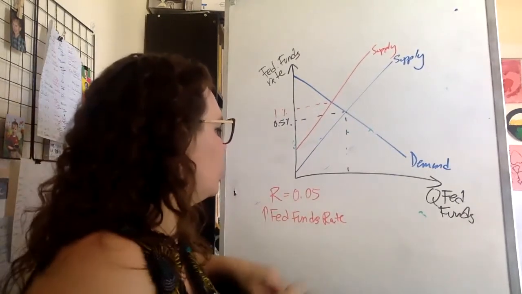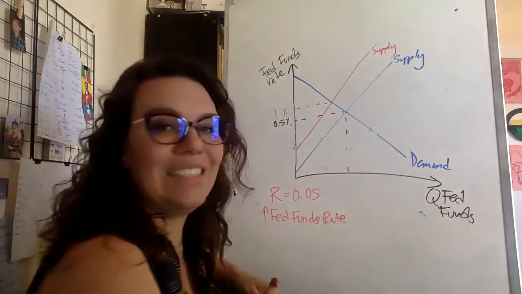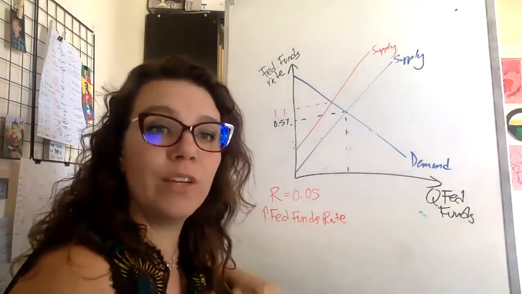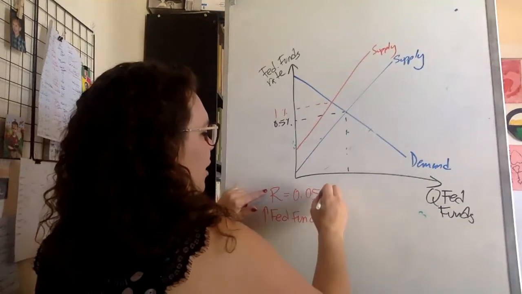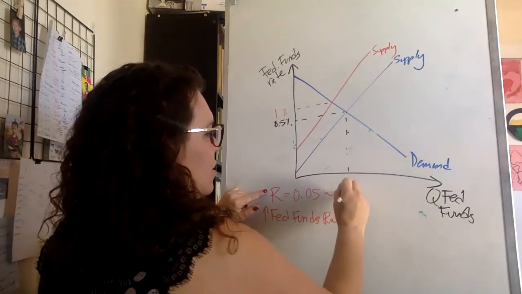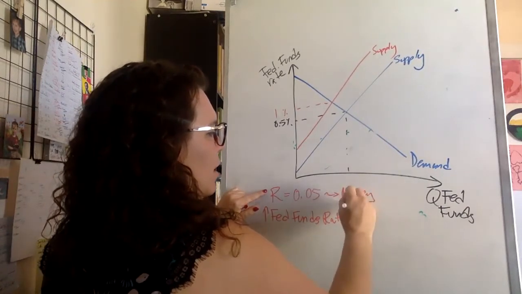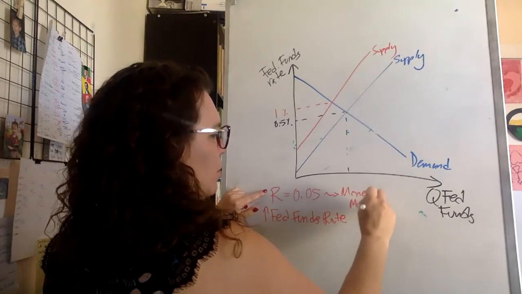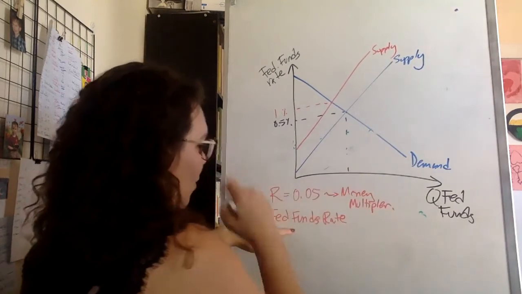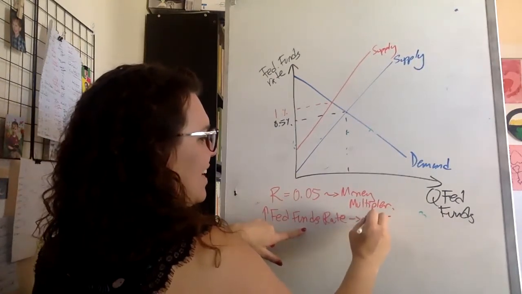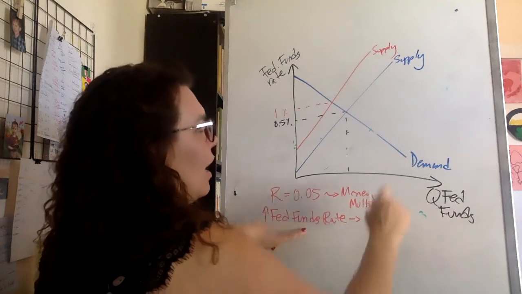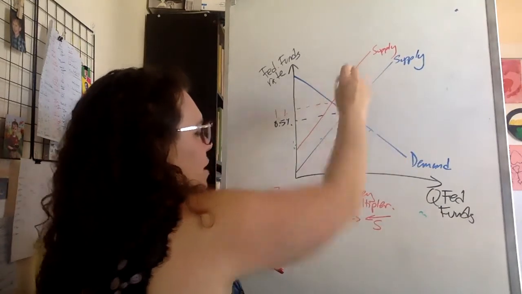1%. So if we want to decrease the amount of money moving through the economy, we know that the required reserve ratio is directly related to the money multiplier. If we want the federal funds rate to go up, that means we want less supply of money in the economy.